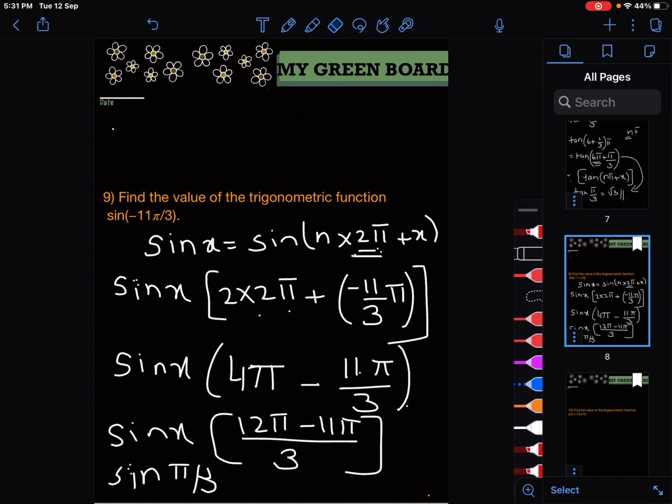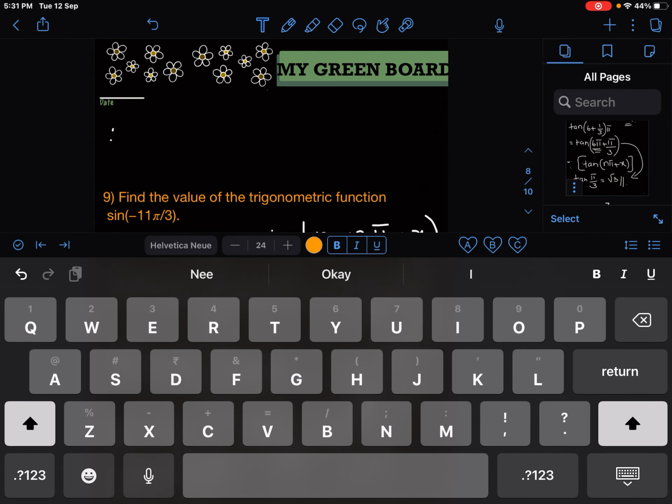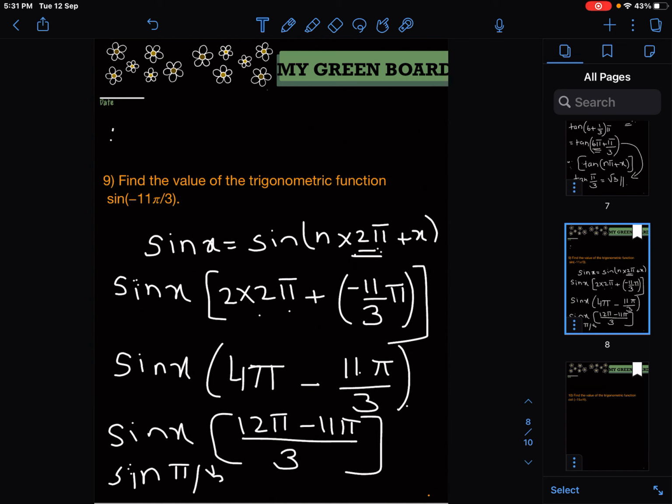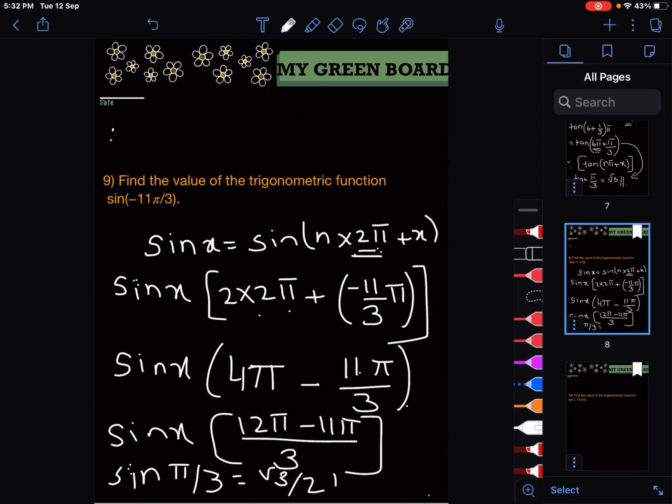Sine of pi by 3 means 180 by 3, that is 60 degrees. Sine of 60 degrees is root 3 by 2. Root 3 by 2 will be your answer.